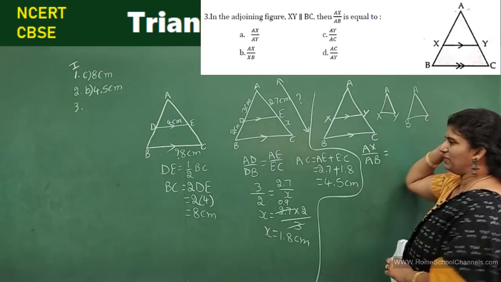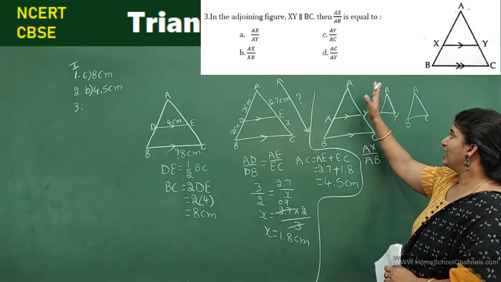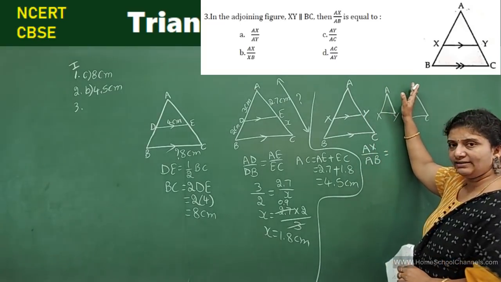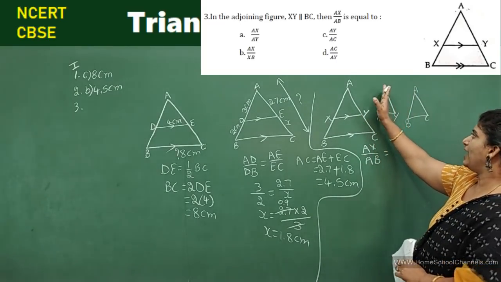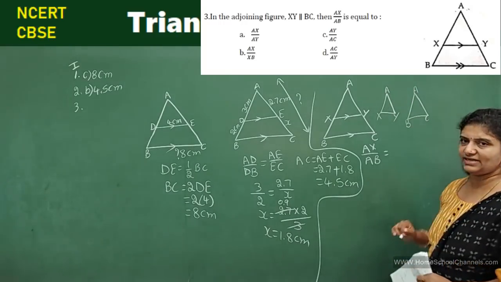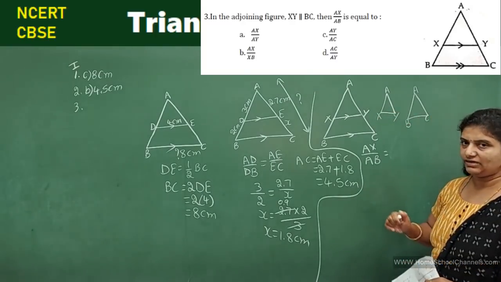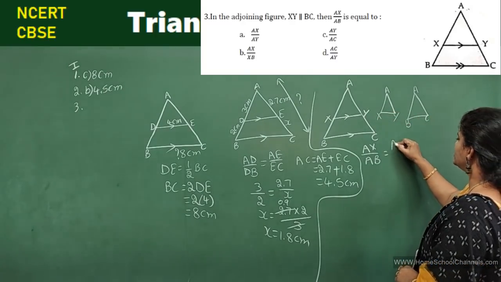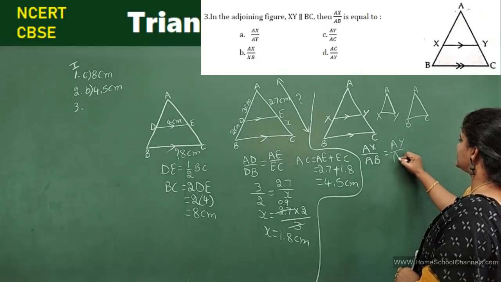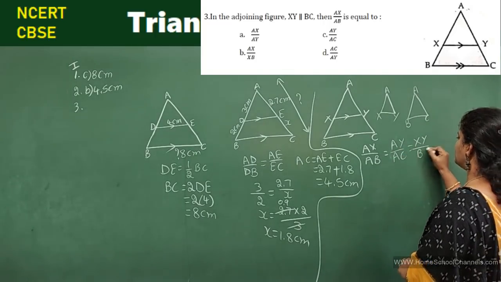AX by AB: small triangle, one side AX, big triangle, same corresponding side. AX by AB is equal to AY by AC, and also XY by BC. So let me write all the ratios. AY by AC is equal to XY by BC.